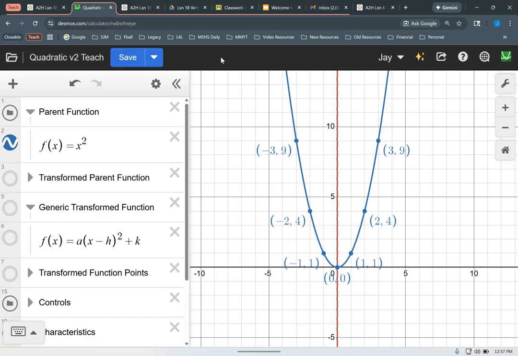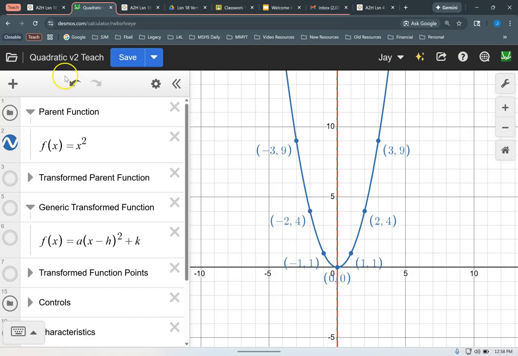For example, the H. Okay? The H does math to the input before it's squared. See that? Then we square. Then we multiply by A, because it's right out in front of the parentheses. And then the last thing we do is we add and or maybe subtract a K onto the end. So the order in which we do this math is going to change the way this looks.